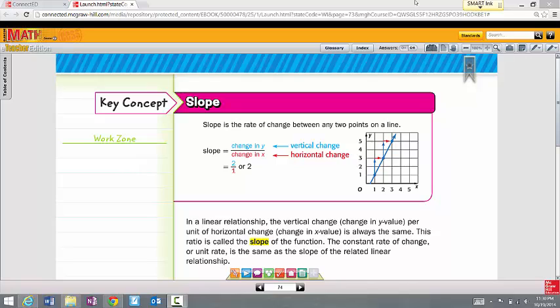So today's lesson is slope, and slope is the change in y over the change in x, which again is the same thing that we talked about yesterday or on Friday. So it is your vertical change over your horizontal change, and when you're talking about a line, I'm going to turn my little marker on here, it is that change in the vertical over that change in the horizontal. So we often call that your rise over your run.